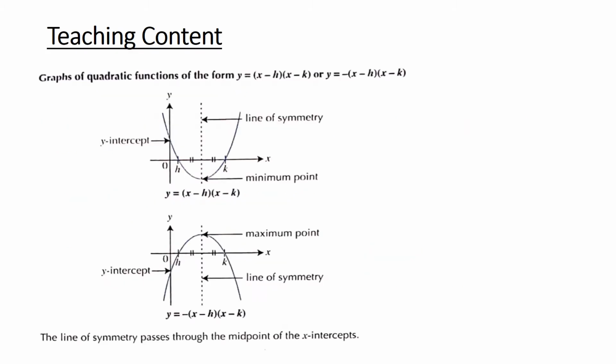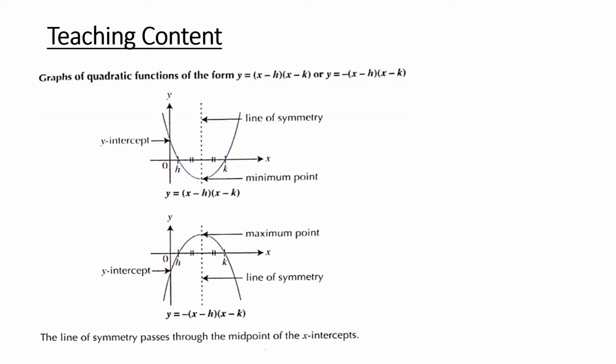Dear students, let us observe the main features or properties of quadratic function of the form y equals (x minus h)(x minus k), or y equals minus (x minus h)(x minus k). In the first quadratic function, that is y equals (x minus h)(x minus k), here the coefficient of x square is positive.